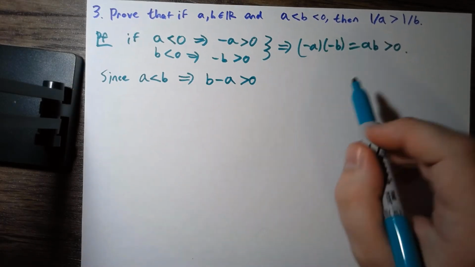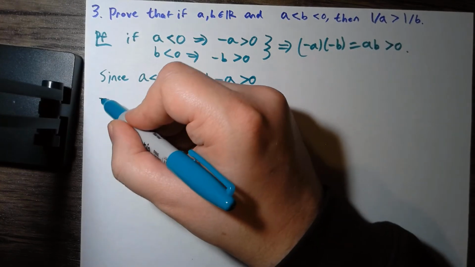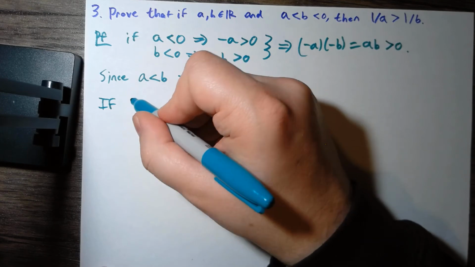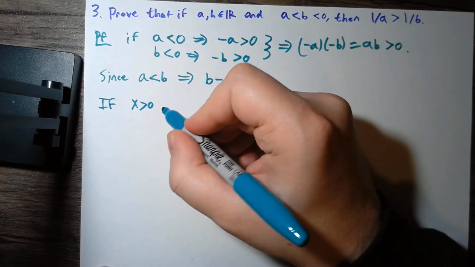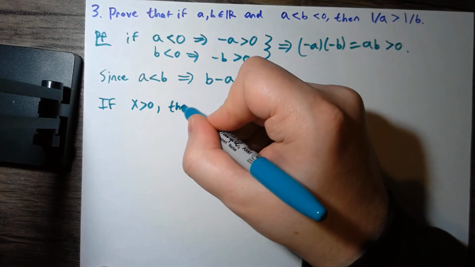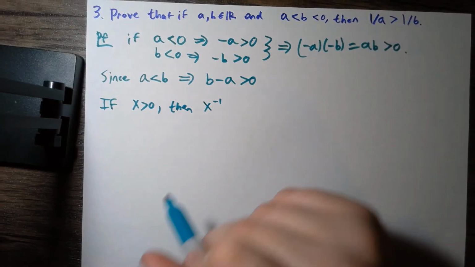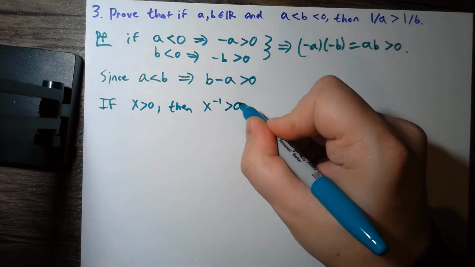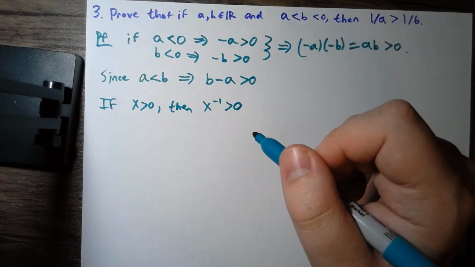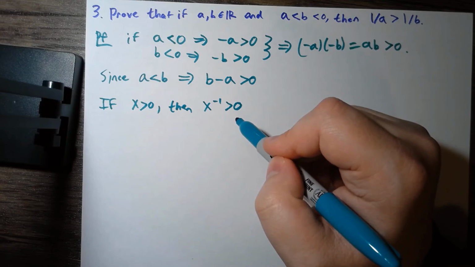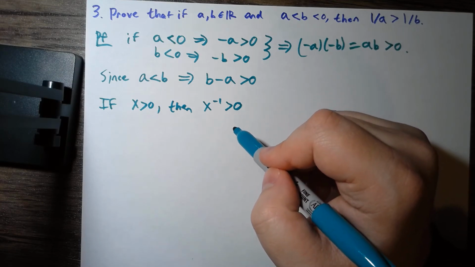We just have one claim, which is that if we have x greater than 0, namely x is not equal to 0, then it has some multiplicative inverse. I claim this will also be positive. So how do we prove this claim here?